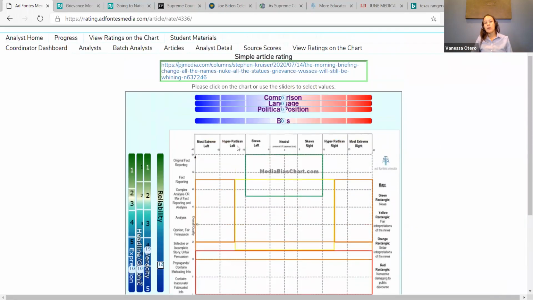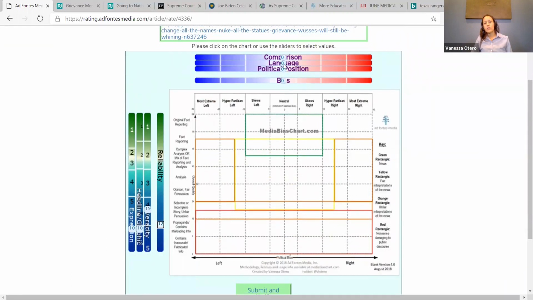Okay, let's talk about bias. Let's talk about political position first. We want to start with political position. So the position is, should a team name such as the Redskins be changed? Now, how we rate political position is we compare it to what elected officials right now are saying about name changes like this.